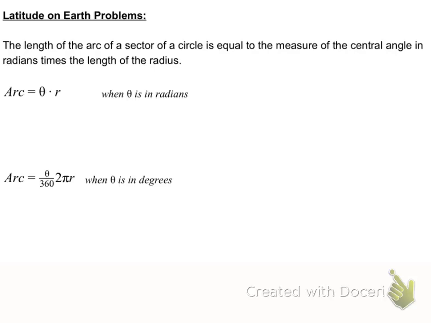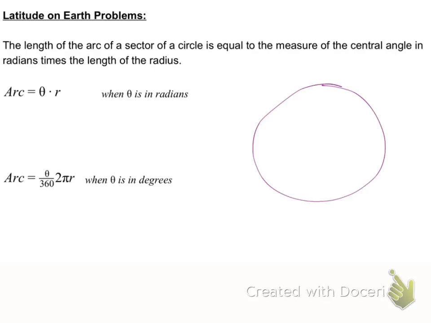What we're going to do is figure out that if I took Earth and cut it straight through the poles and the center, and you looked at it from a side section, you would see a circle.